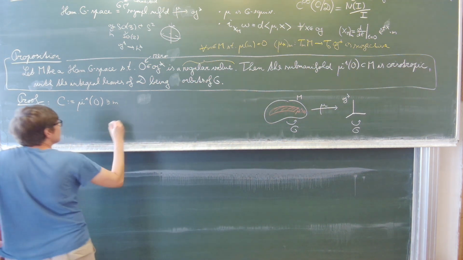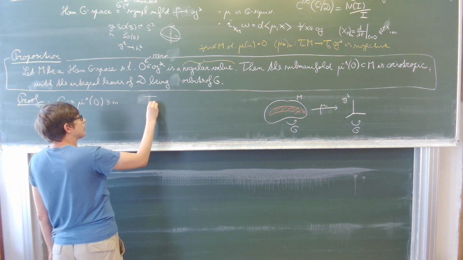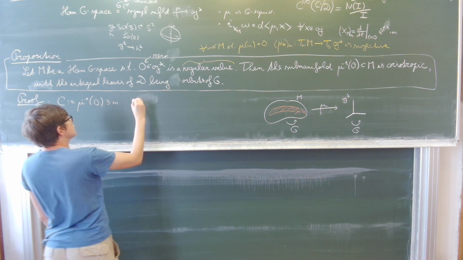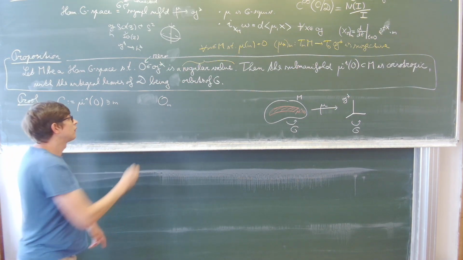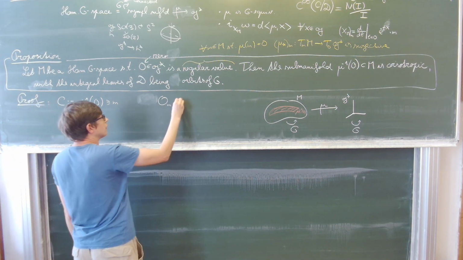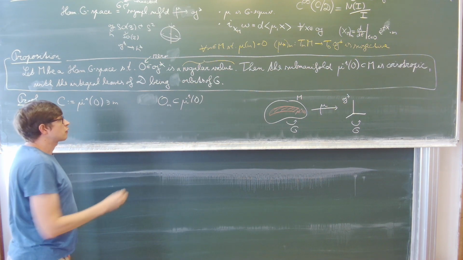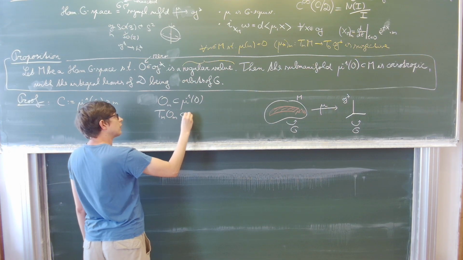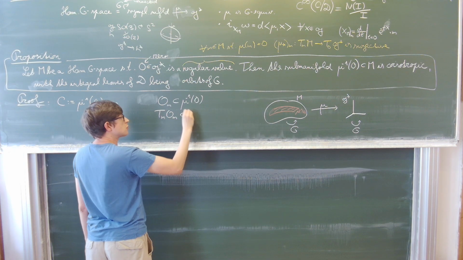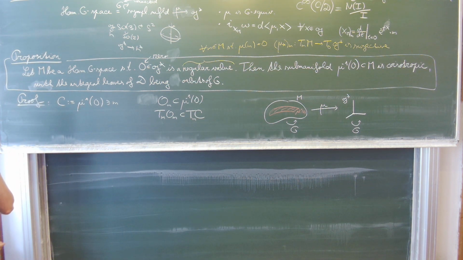So the first observation is that if I take my point here and the orbit passing through it, let's call it O, that thing is contained within this set. So in particular, the tangent space to that orbit is contained within the tangent space of C. What is O?